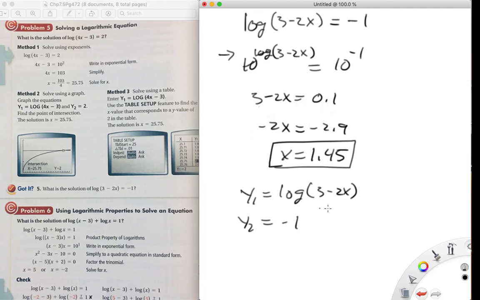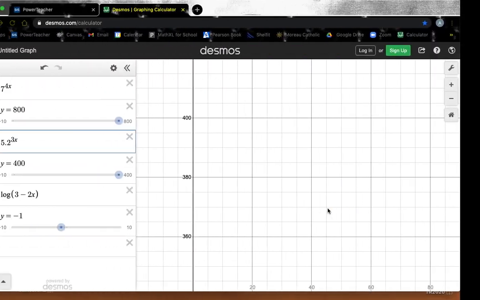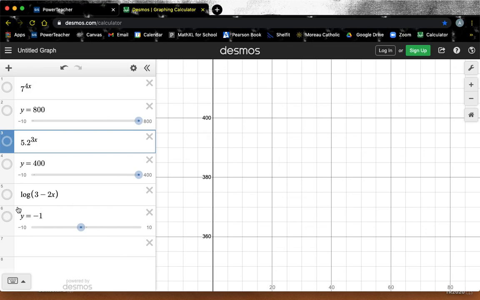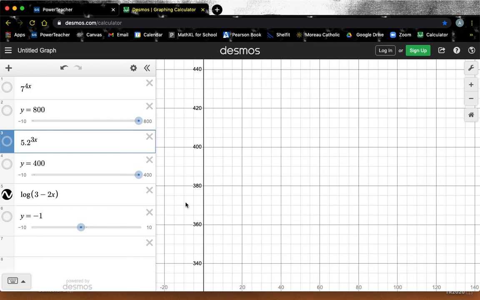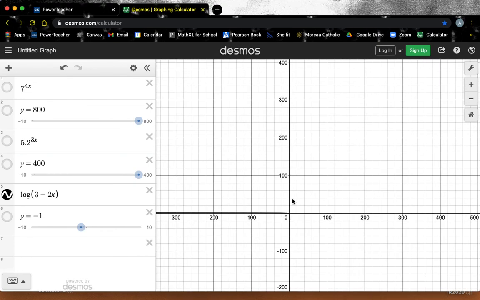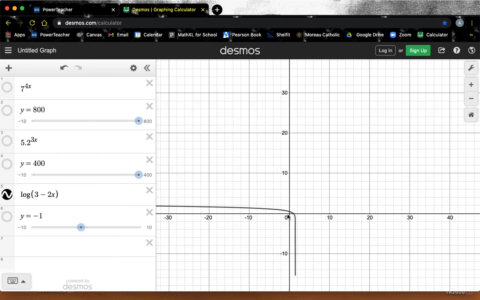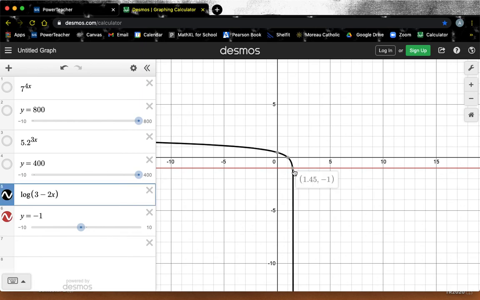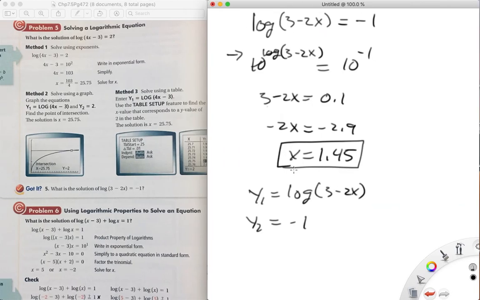Alright, plug those in. Here we go. There's that graph right here. And then y equals negative 1. They intersect right there. And guess what? I get the same number, 1.45. Hallelujah. Alright.